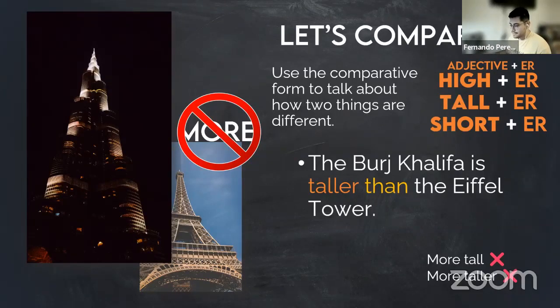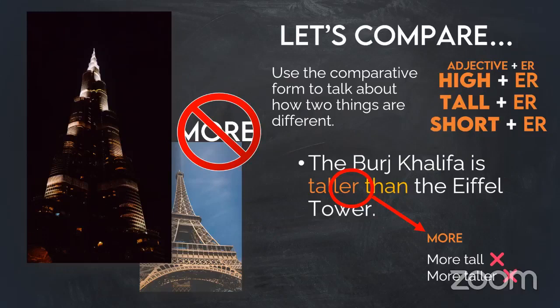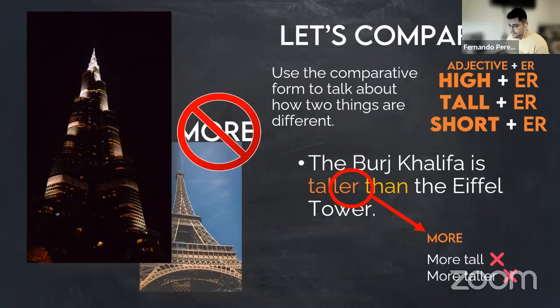And it's even more incorrect to say more taller. That is redundant. The expression is taller than. Comprehension or no comprehension? Yes. Very good. That's super, super important information. Okay.